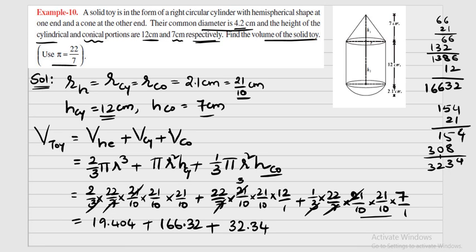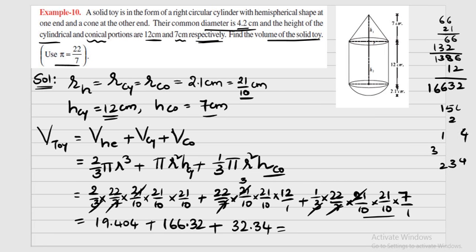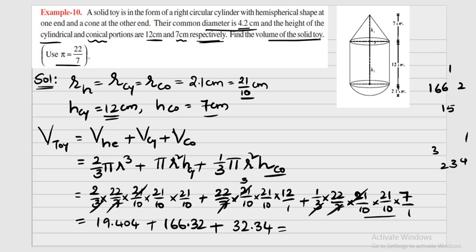Now I need to add all these things: 19.404 plus 166.32 plus 32.34. When I add all these, what am I going to get? So let's see. 166.32. Next, 32.340. Next, 19.404.